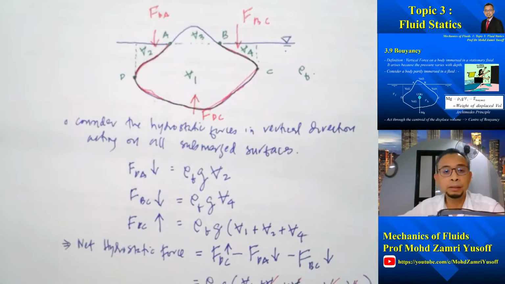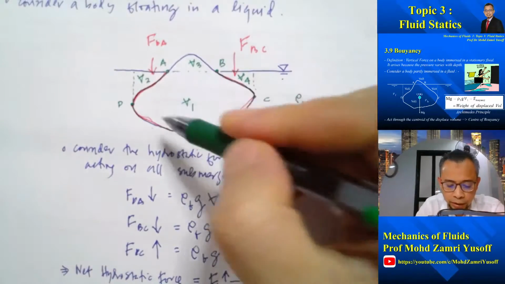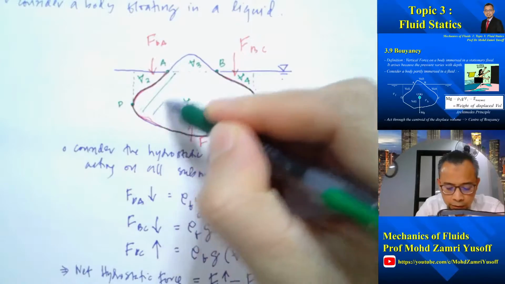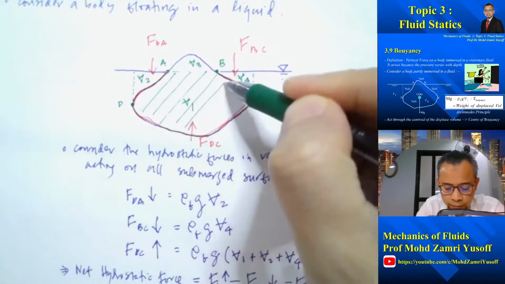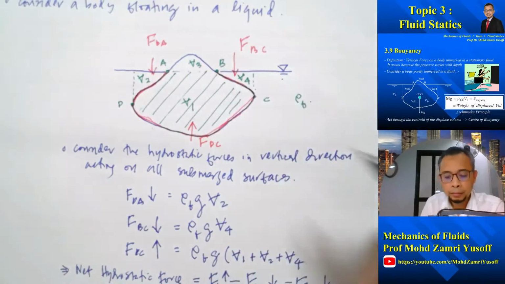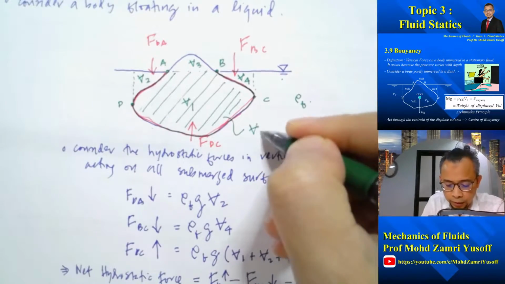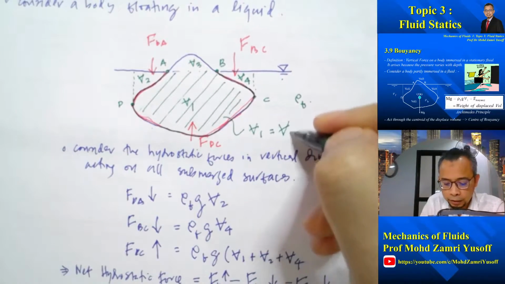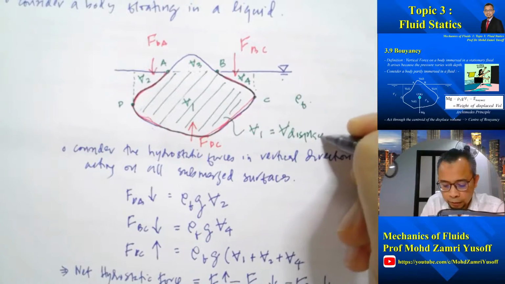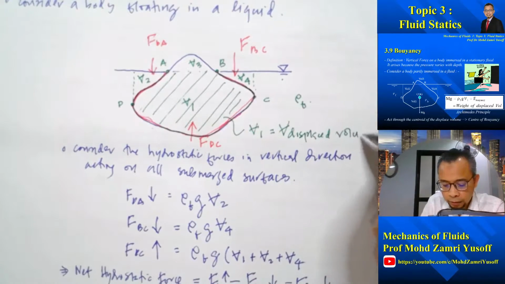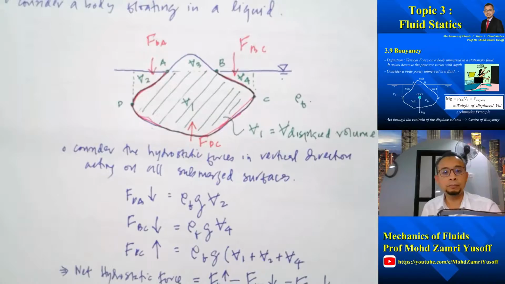So what is V1 actually? If you look at V1, V1 is actually this volume. This V1 is the displaced volume.